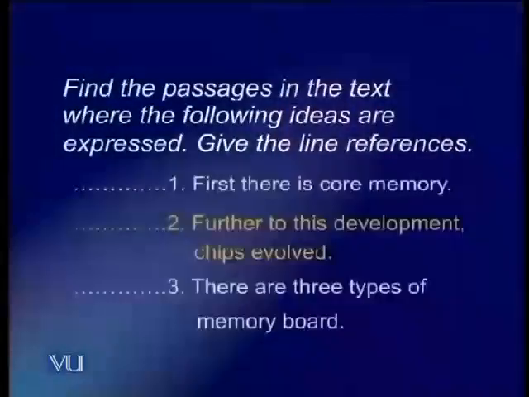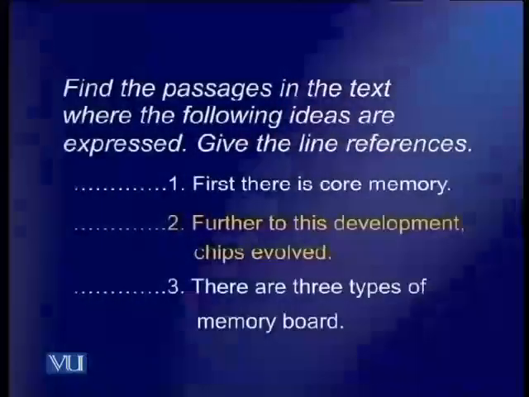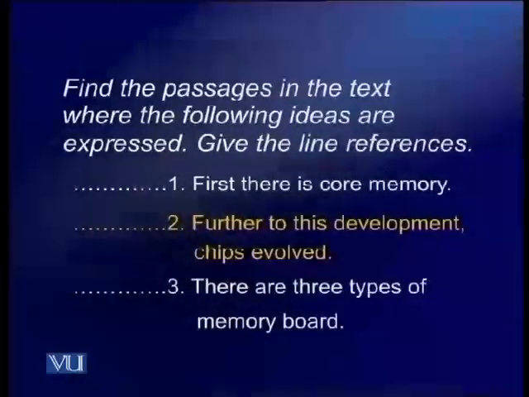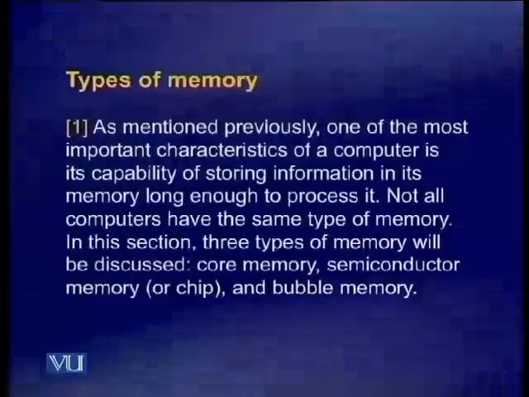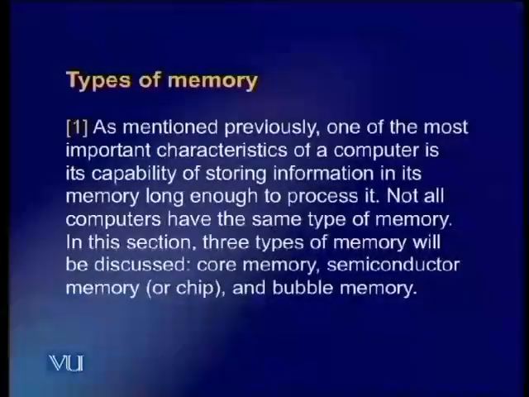Exercise 3. This is a scanning exercise where you scan the text and find the relevant ideas. Now, wherein is this idea given? First, there is a core memory. And if you look carefully, you will find that it's given in paragraph 1.